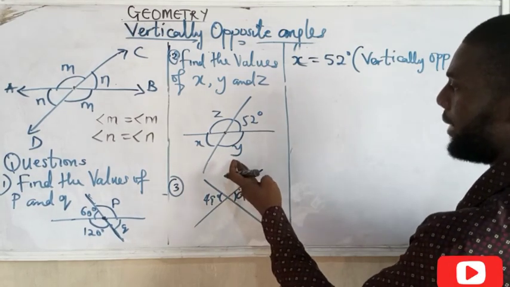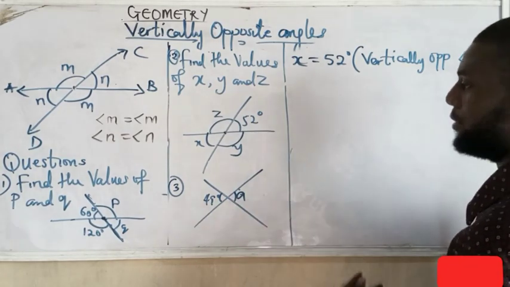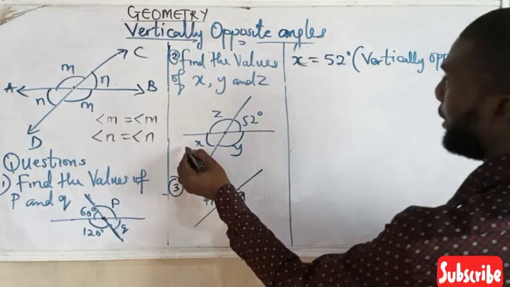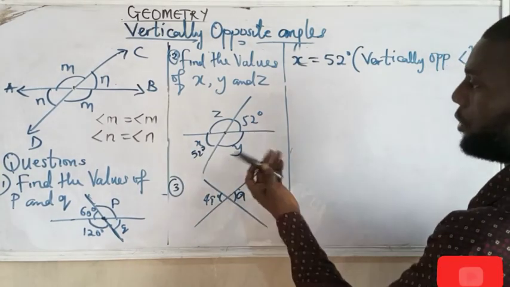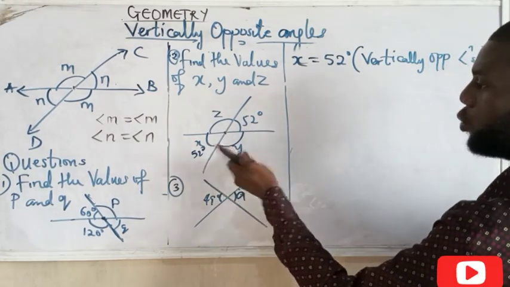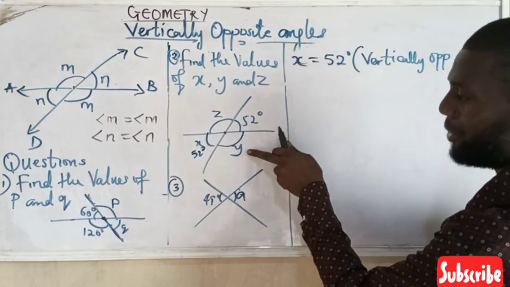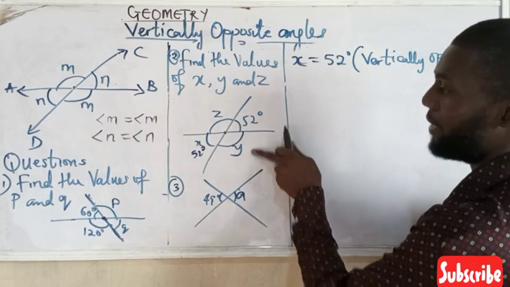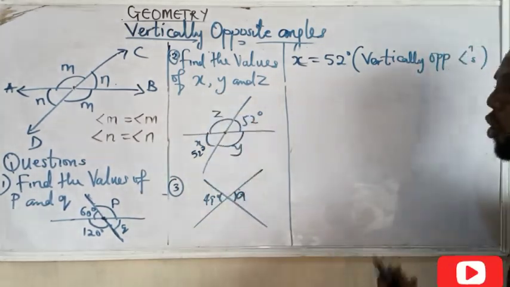of y and z? How do we get the values of y and z? So now I can write 52 degrees here. The other way we can do is, how do we get y and z? Now I cannot just say y is, I know y is vertically opposite to z, but y is unknown and z is also unknown.